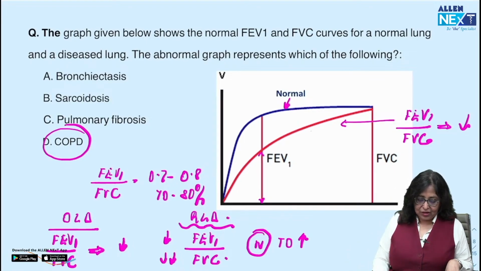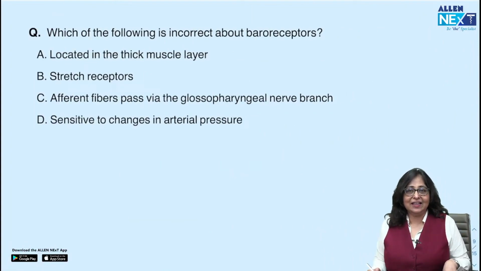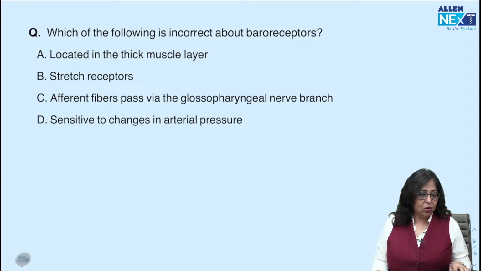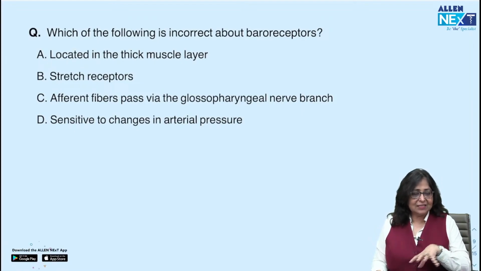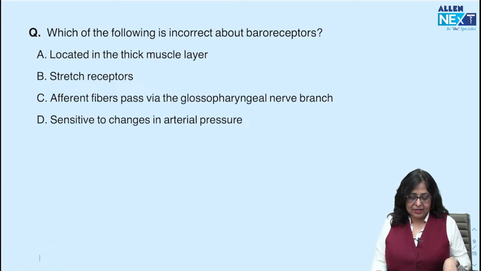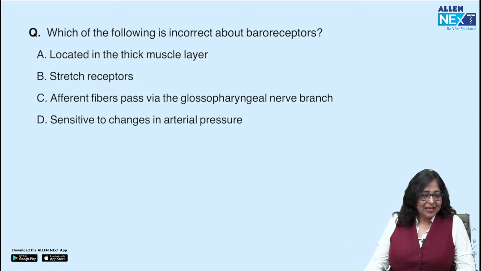Right. So, next. Which of the following is incorrect about baroreceptors? I'm not very sure about the recall of the options. These are the options which have been given to me, but I'm not 100% sure because there are different options which have been given.